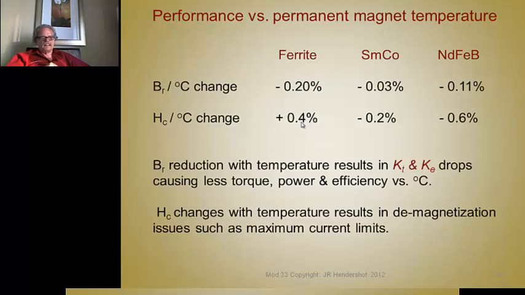But remember that, as summarized here, the changes in B change the torque and the voltage constants. They drop by that percentage, and so that gives you less torque, efficiency and power. Now the drop in H affects the demagnetization and the maximum current limits you could supply. So these are very important things to keep in mind.